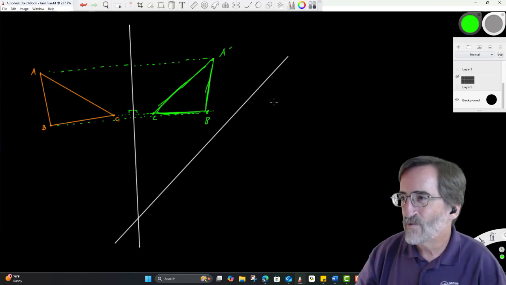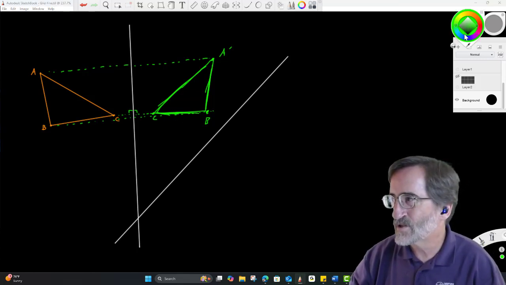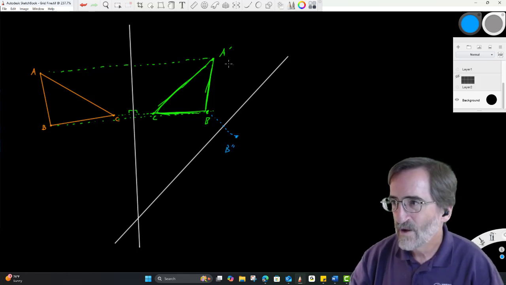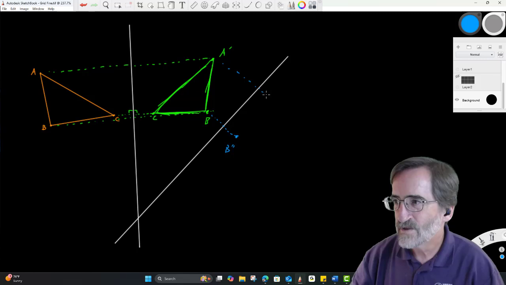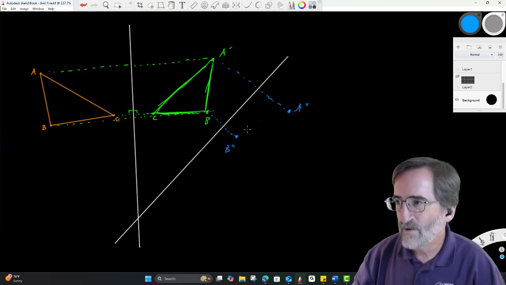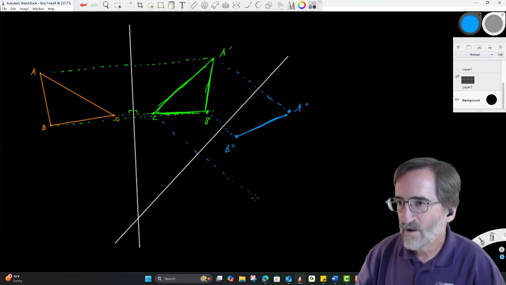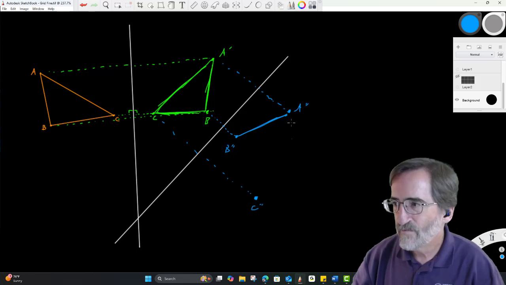Okay, but now when I reflect it again across this line here, perpendicularly, same distance, B double prime, perpendicularly, same distance, A double prime, and perpendicularly, the same distance, C double prime.